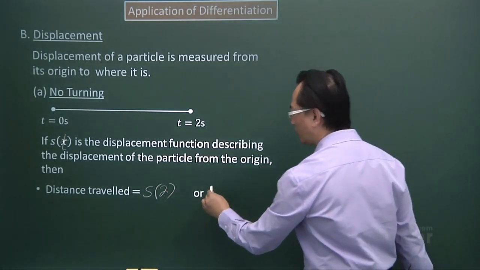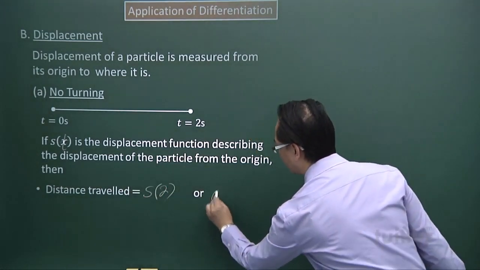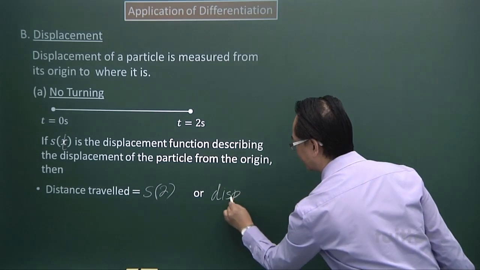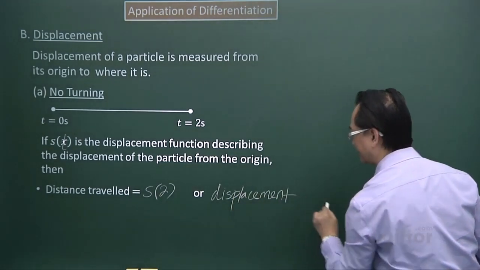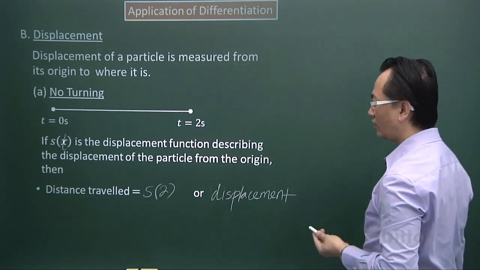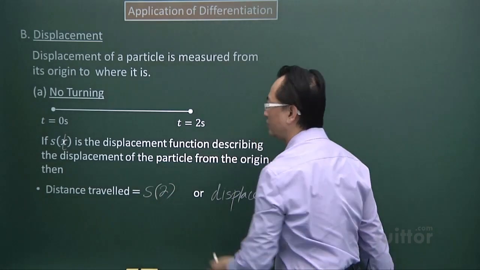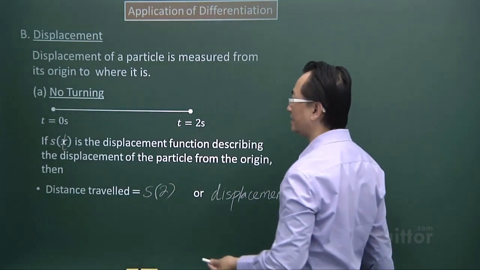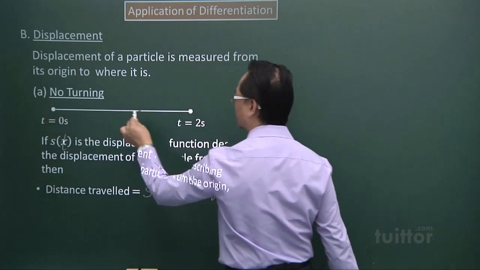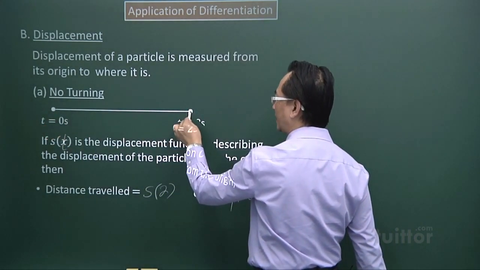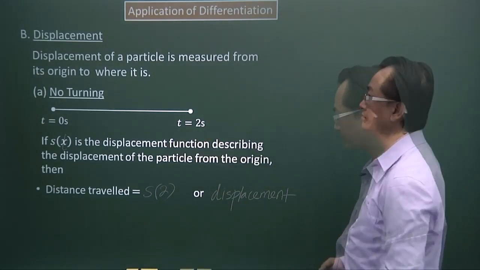Now I can also put it in another way. The distance traveled is equal to the displacement. So s(2) means the displacement from the origin to where the particle is at t equals 2 seconds.